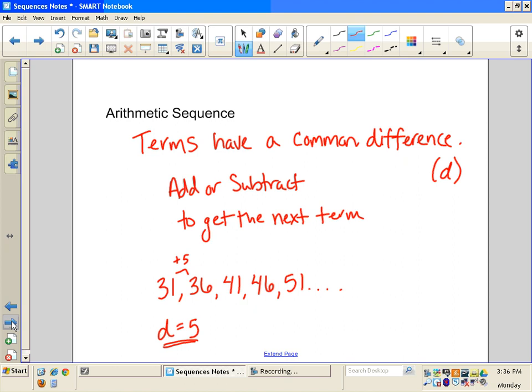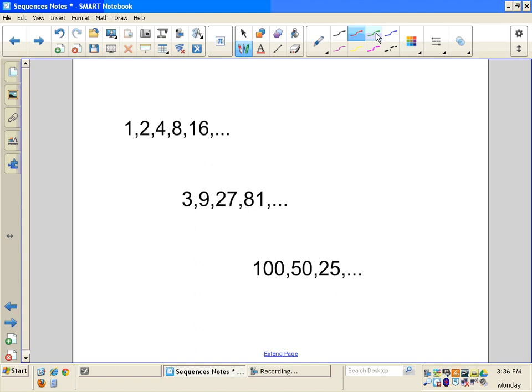Well, that seems pretty straightforward, and hopefully in your head you're saying, oh, this seems pretty easy. So let's take a look at these ones. 1, 2, 4. Well, that one doesn't seem like I'm adding something each time, and I'm not subtracting. So how am I getting from 2 to 4 to 8 to 16 to 32?